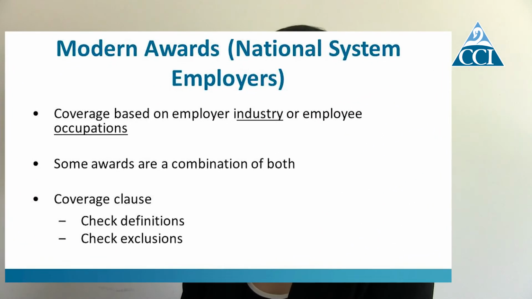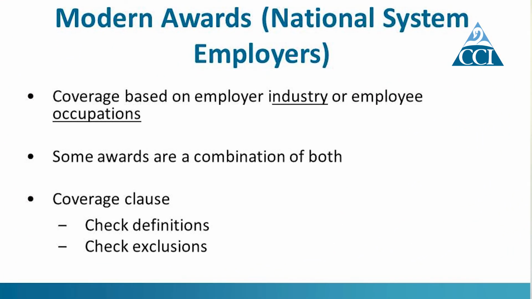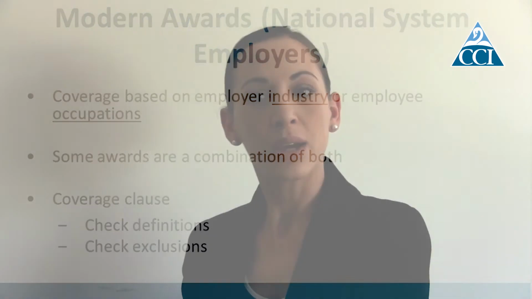If there's no industry award, there are some occupational awards that only cover employees in a particular stream or type of work. So we would always look to that as a secondary measure for award coverage. In the case where there's no industry award, or there's an industry award with no classification coverage, or there's no occupational award, then generally employees will be award-free. However, there is also a minimum wage for award-free employees that needs to be complied with.